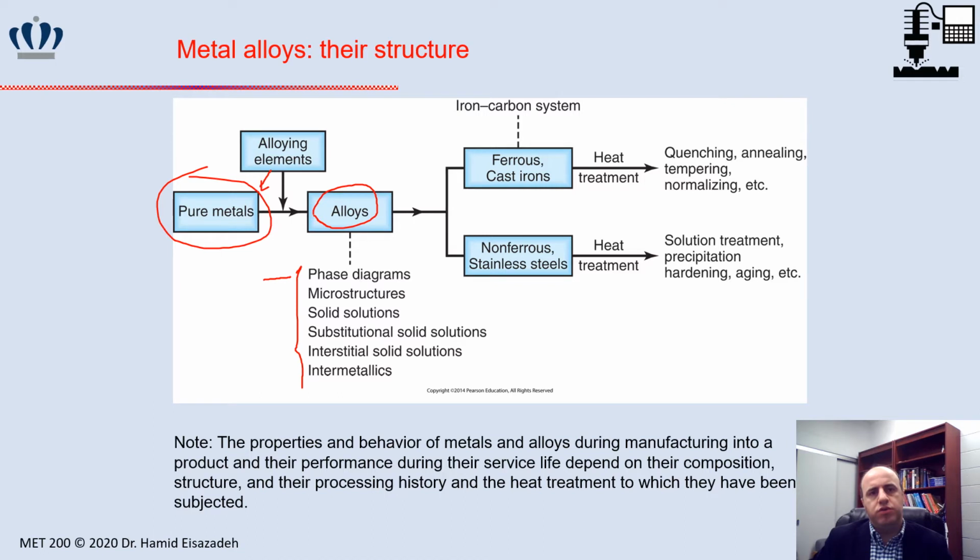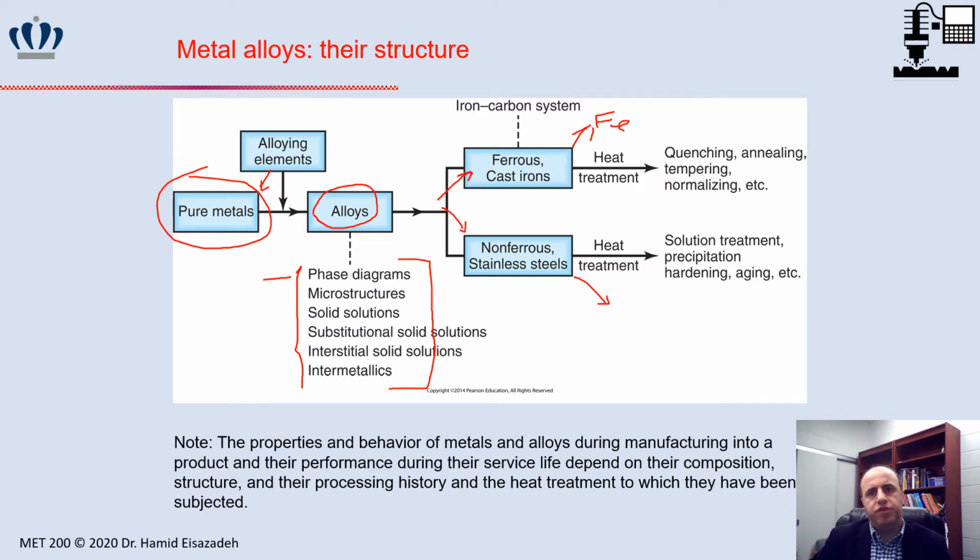We discuss these concepts in this lecture as much as possible. And then alloys, as you see, are divided into ferrous and non-ferrous material. Ferrous materials are those that have iron as a base metal, and non-ferrous are those materials that don't have iron. So this is Fe.